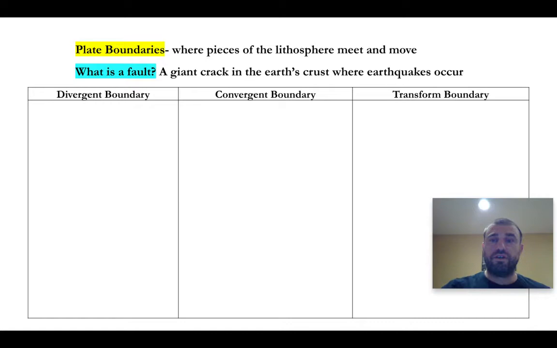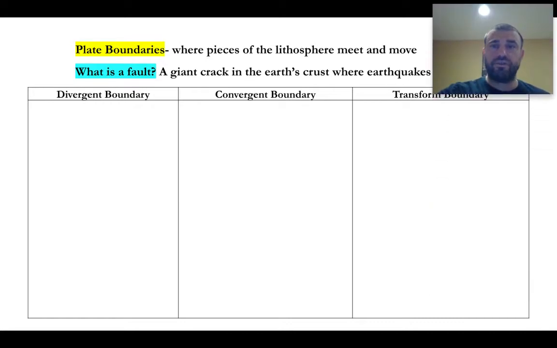So you have a little chart here with your major boundaries: divergent, convergent, and transform. You're always going to have a plate tectonic map to use, so you should always have that out because it gives you a lot of answers. So the divergent boundary is going to have the arrows moving apart, which means plates separate.